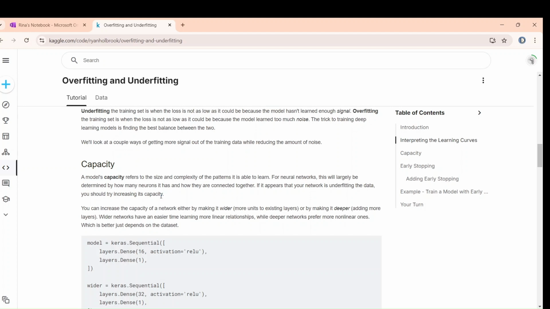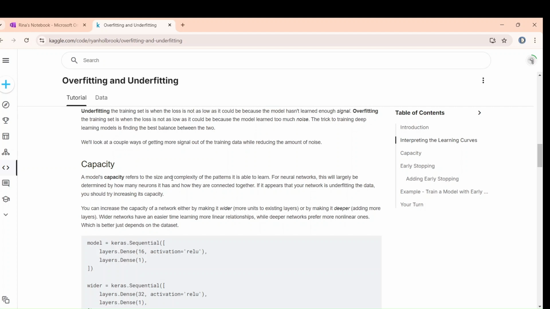This is not exactly related, but it will help you to understand. You are learning for less time, so you are not learning at all. So your problem is underfitting. The second problem is that you are studying for long hours and memorizing everything. Then you will fall into overfitting.